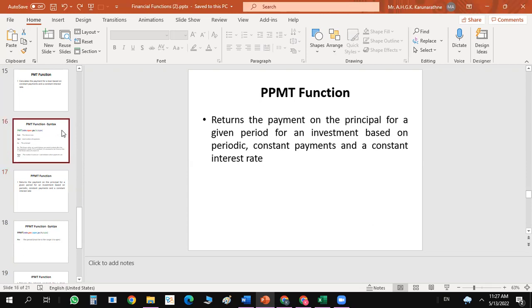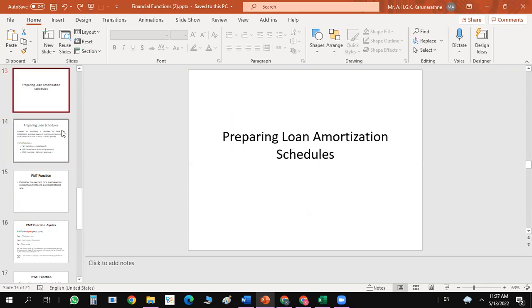But I would like to move on to this particular concept from known to unknown. That means we'll see how to prepare this loan amortization schedule with Excel using the existing knowledge, because you have prepared this repayment schedule manually for your advanced level, or maybe for your financial management, your corporate finance subject.